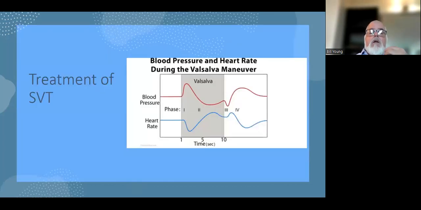So again, what this does is it just simply puts pressure on the vagus nerve, and it increases the blood pressure, and hopefully it will decrease the heart rate. This blowing out, this pressure that they're trying to get out, needs to occur for about 10 to 15 seconds per interval.